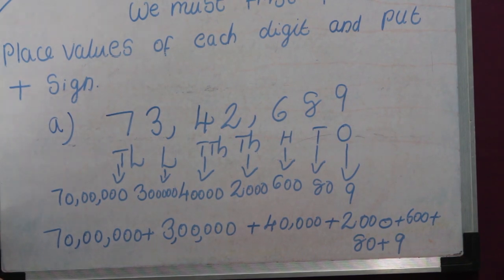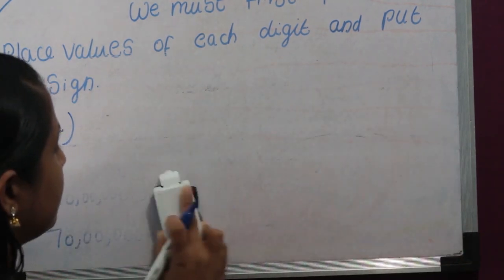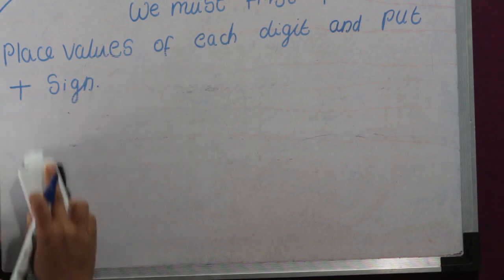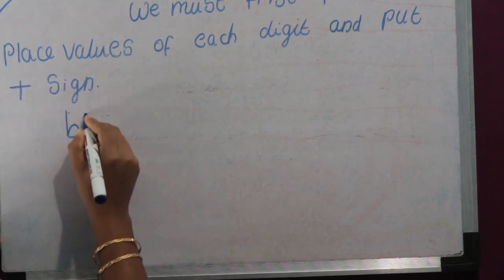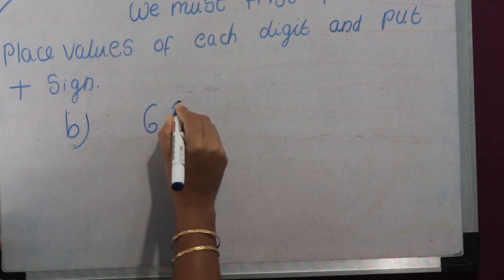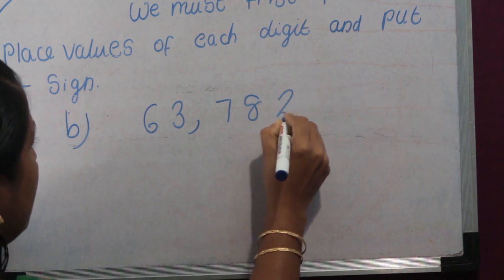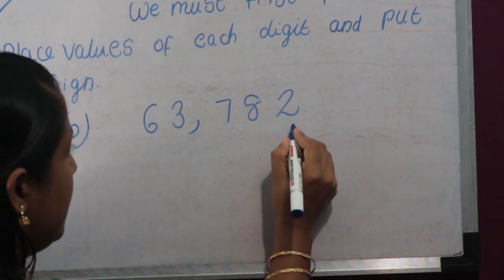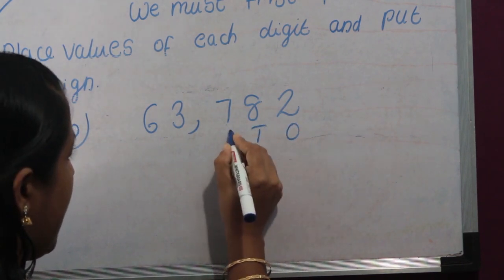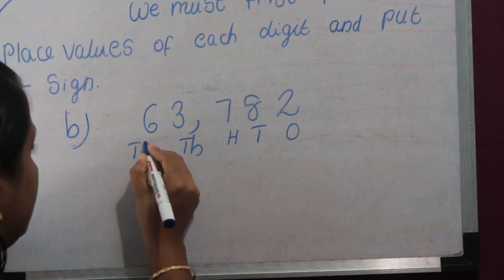Let us take another example. 63,782. First we write the places of these digits, that is ones, tens, hundred, thousand, 10,000.